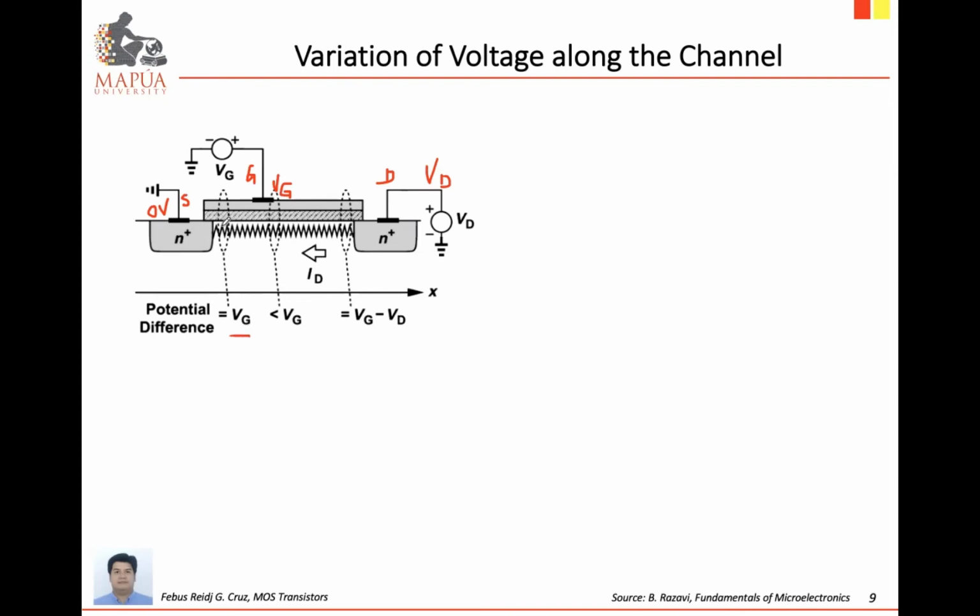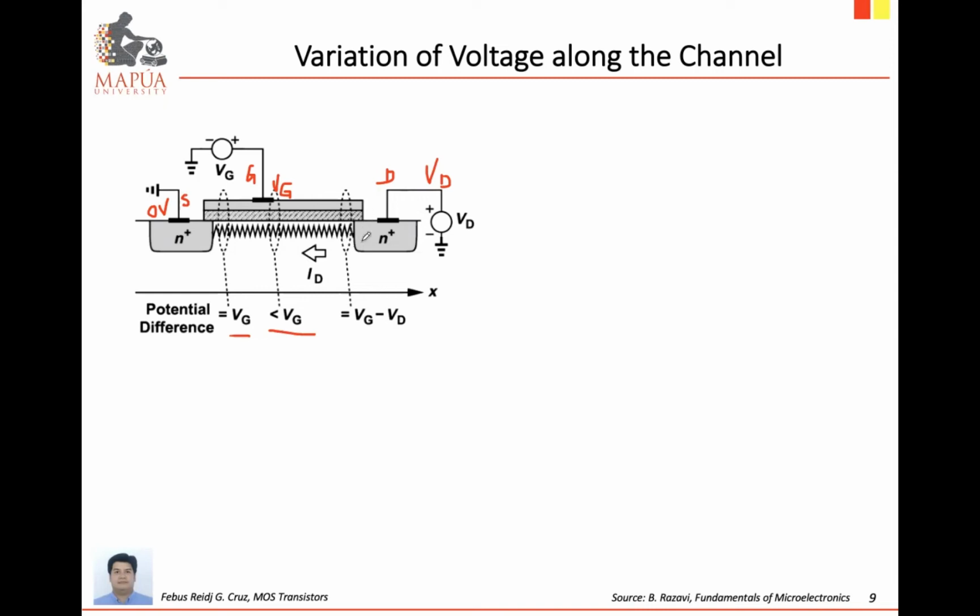And as we travel along the channel, since the channel will have a conducting resistance, we expect a voltage drop along the channel. So at the middle portion of the channel, we expect that the voltage along the channel will be smaller than the applied gate voltage. And near the drain terminal, we expect that the potential difference would be gate voltage minus the drain voltage.